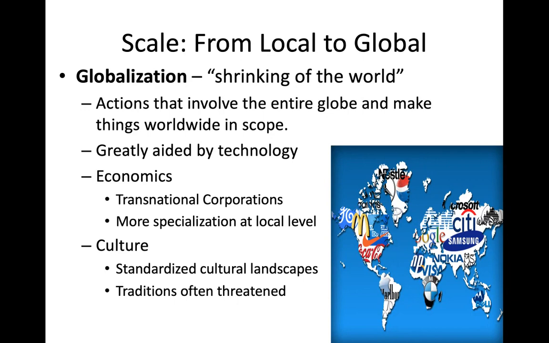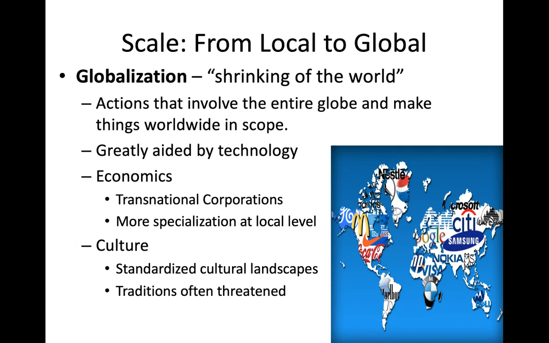Economics are largely shaped by globalization, meaning we have transnational corporations that are more specialized at the local level. For example, I can go to McDonald's in Cottage Grove, and I can also go to McDonald's in Paris, France, and I can also go to McDonald's in parts of Japan.